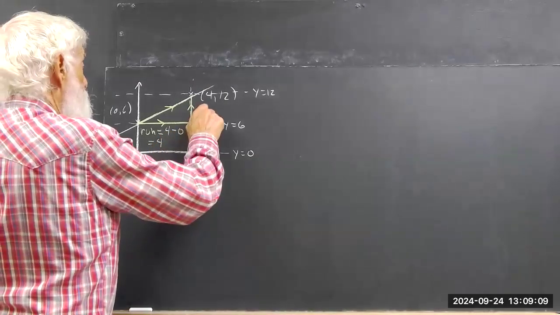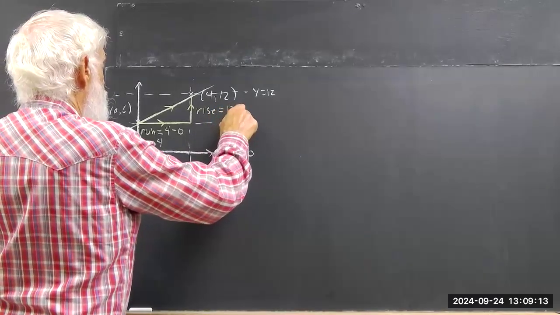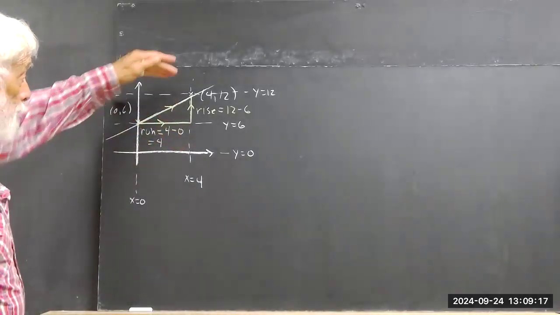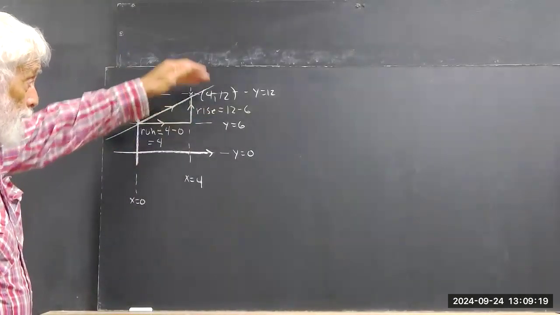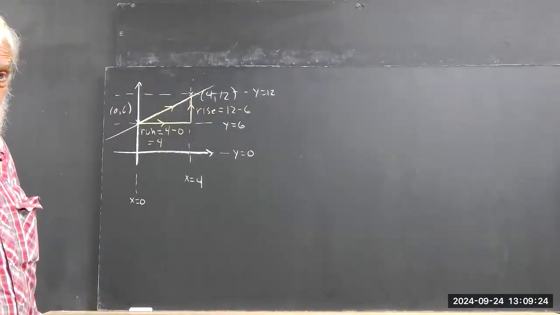Rise: you've gone from y equals 6 to y equals 12. You got these lines here, so you can see immediately you've gone from y equals 6 to y equals 12. It makes it easier to look at.